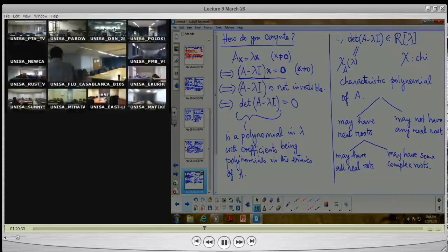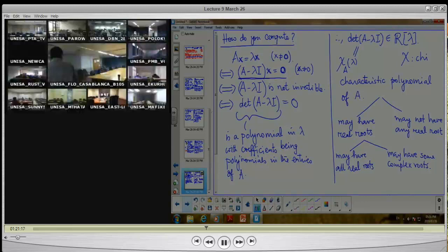We saw a situation like x squared plus 1, which I showed you. If you take this matrix, its characteristic polynomial is exactly that. So the characteristic polynomial may not have any real root at all.